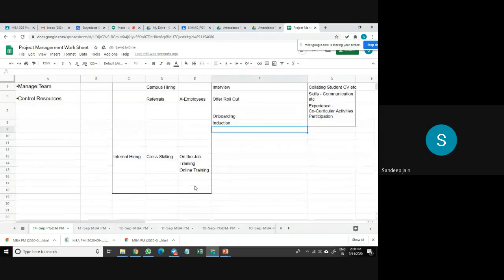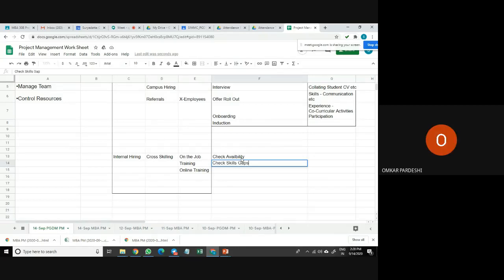Okay. So now we come to the internal hiring. So what are the reference steps? You have to check for availability first. Though it's a small business, in large organizations there's a process to be followed for availability. Check the skills gap, and shortlist people who can actually do the job after training.